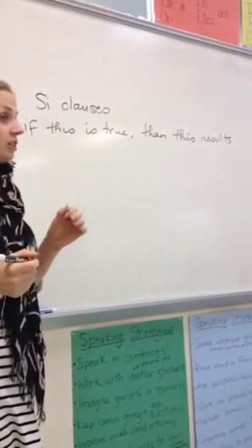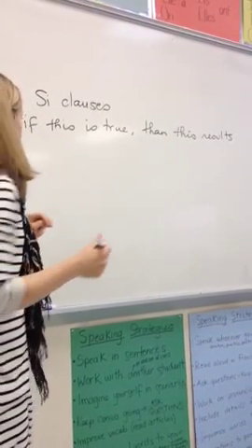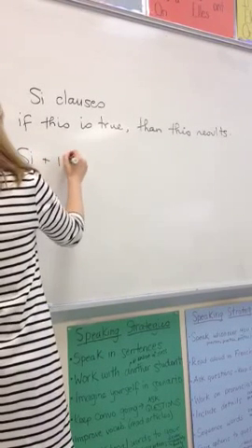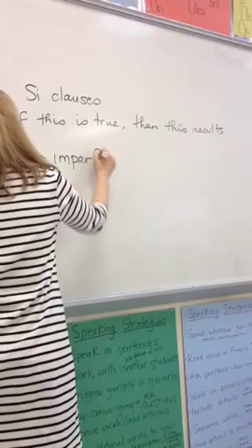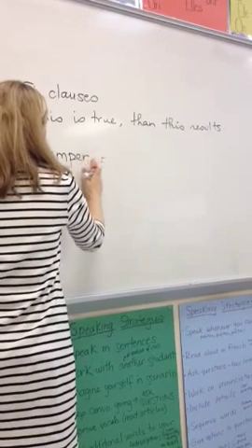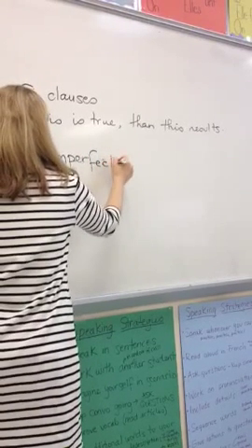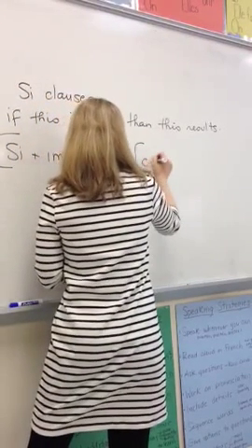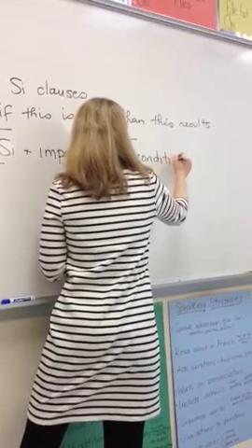So in order to do this, you need two verb forms and the word si. So you need si plus the imperfect, and then you need the conditional.